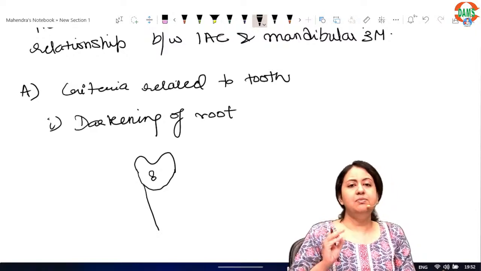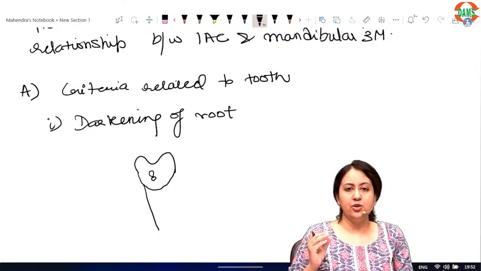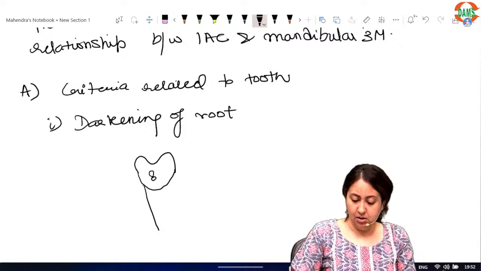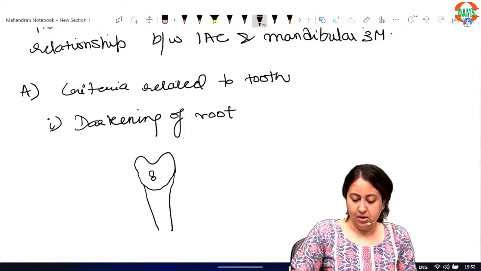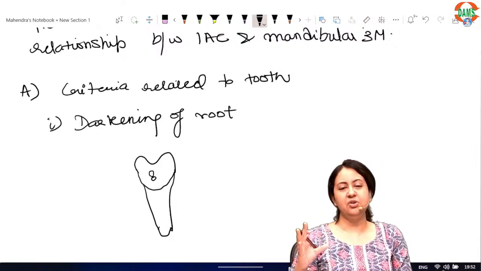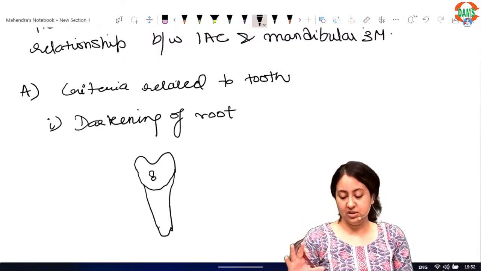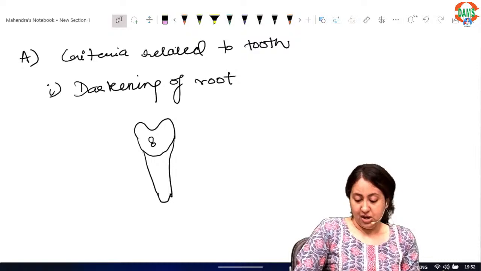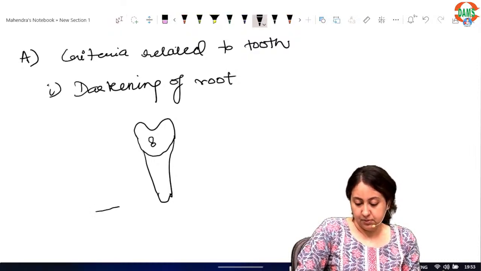Again, we will draw only diagrams so that you can remember with your pictorial memory. There is no need to write theory or go into detail. Just remember the diagrams that I'm giving you. It's going to be more than sufficient and you're going to answer well in your exam.